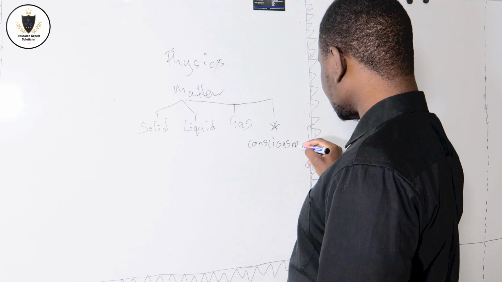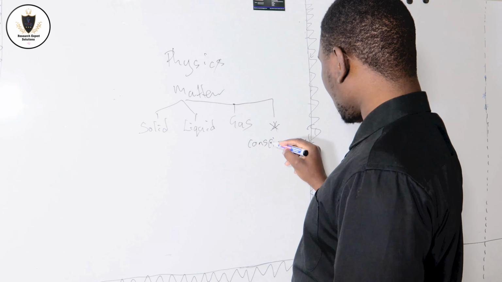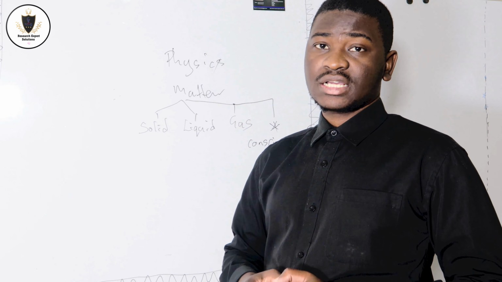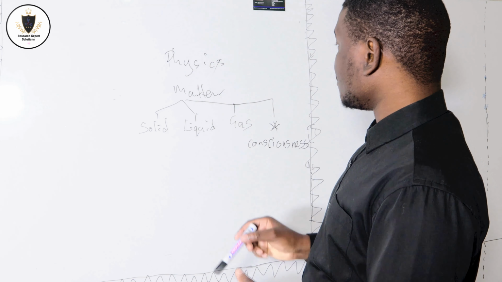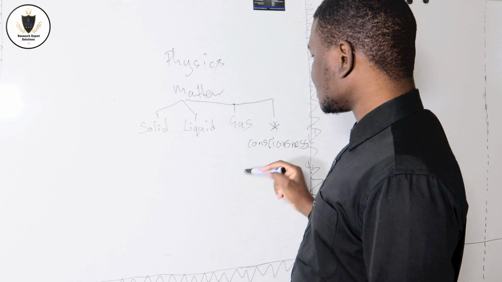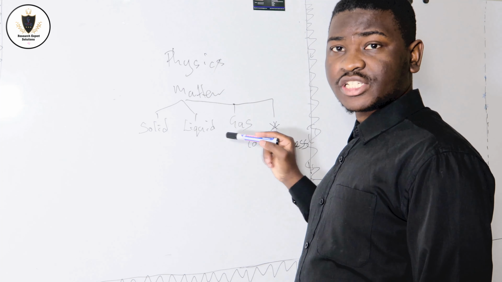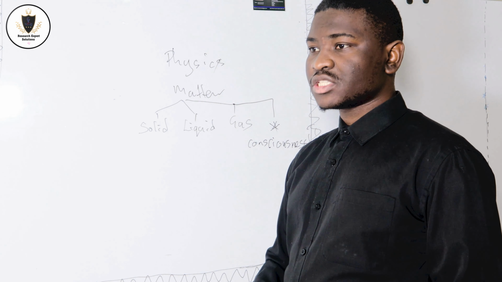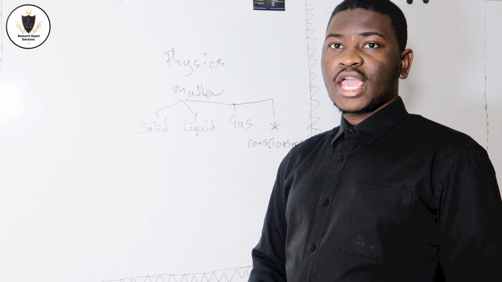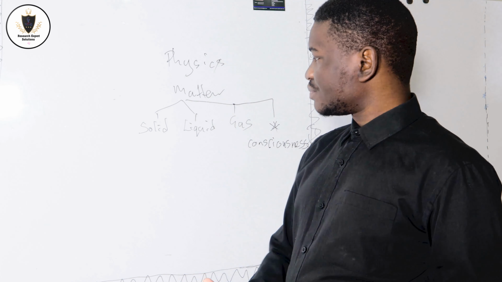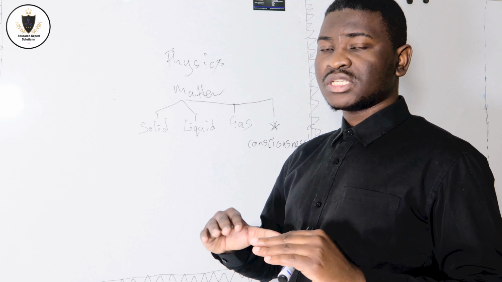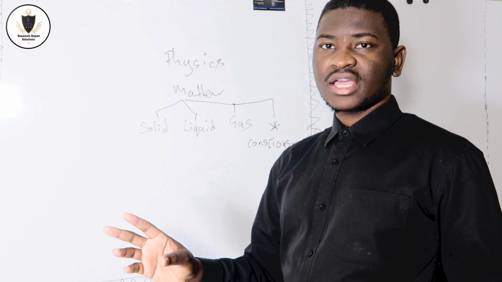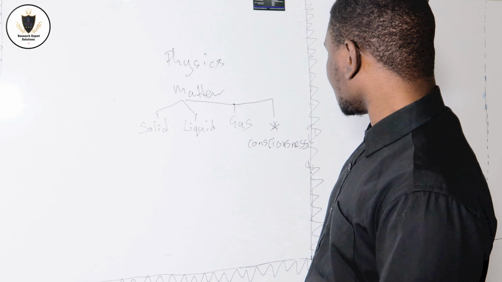Consciousness today is being described as a form of matter, meaning matter can also exist as a form of consciousness. And when you look at everything in the universe, it can be looked at in terms of particles. And particles can be considered to be different states of matter, depending on whichever form they are existing in.